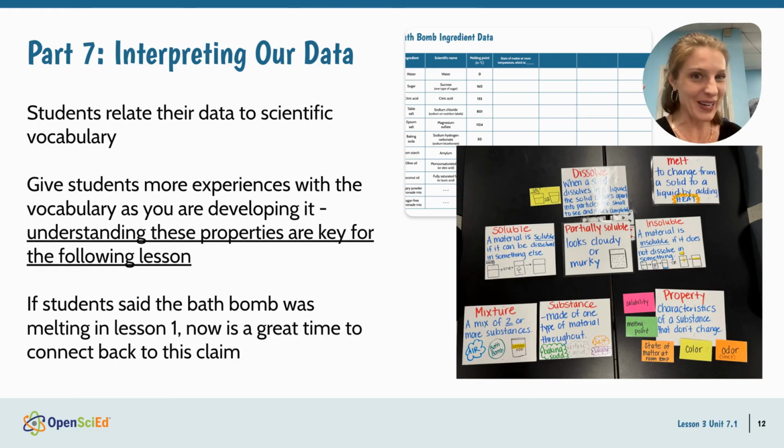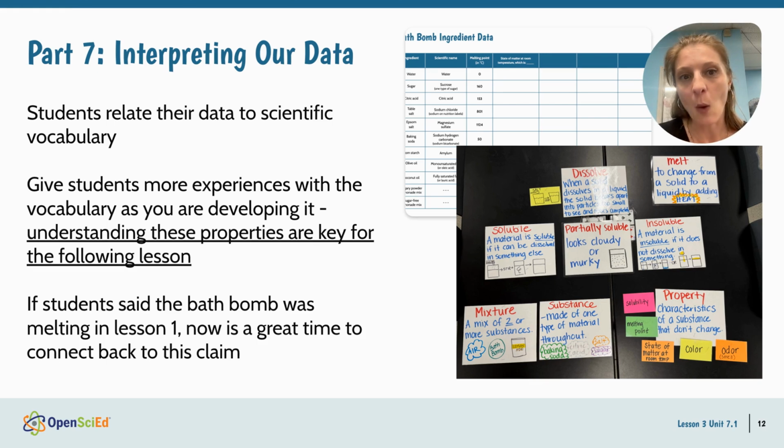So how do we get to these words? Well, the students begin by relating their data to the scientific vocabulary. Again, there are prompts in the teacher guide that you can follow, but I always start by asking my students, which one of the ingredients disappeared when we put them in water?